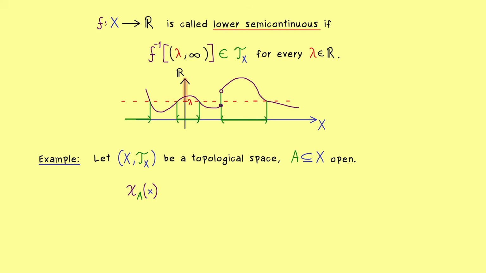We only have two values, 0 and 1. And there I can tell you the value is chosen as 1 if and only if x lies in A. Therefore, if x does not lie in A, we set the value to 0.